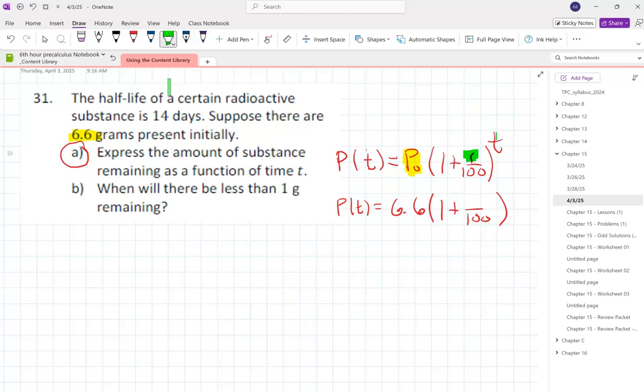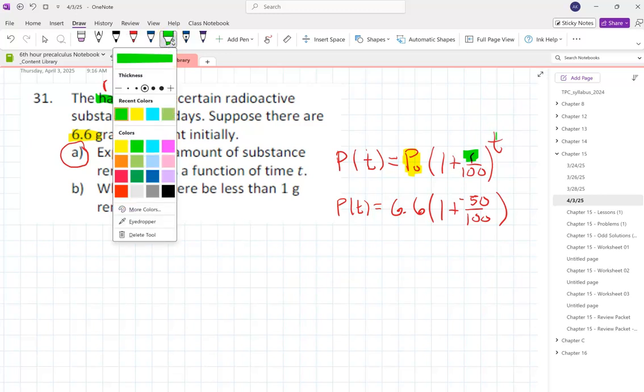Since this is half-life, there's no percentage given, but I recognize that the R there needs to be minus 50, minus because it's decay, and half because it's 50%, right? If you think about a sale, if it's half off, that's like a 50% off sale. Everybody so far so good?